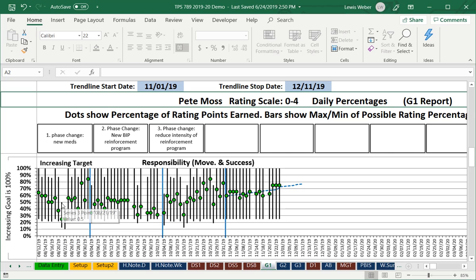Because what's happening is he's showing responsibility less frequently, but he increased his intensity to balance it out. And so that's one example of some of the complex analyses and the density of the data that are available in the G series. Let's see if there's anything else interesting going on here.